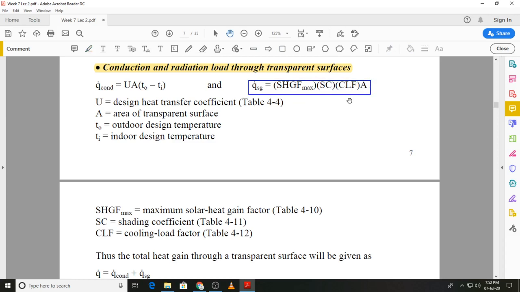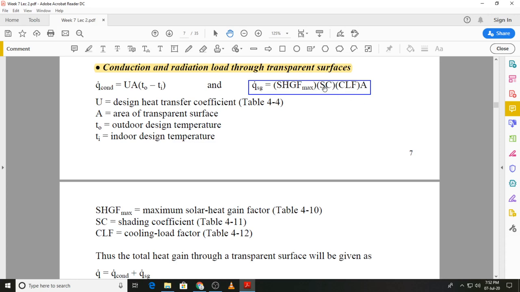which is Q dot SG, where SG stands for solar gain, SHGF maximum, which is the maximum solar heat gain factor, is obtained from tables. Similarly, SC, the shading coefficient, is obtained from a separate table, and CLF will be required because we are talking about the thermal radiation entering the conditioned space, and A is the area of the surface through which the heat gain is taking place.